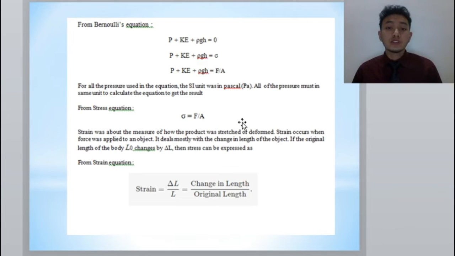For all the equations used, the SI unit is Pascal, so all the pressure must be in the same unit to calculate the equation. From the stress, we can get force over area, and the strain measures how the product was stretched or deformed. Strain occurs when force is applied to an object, and the formula is the change in length divided by the original length.